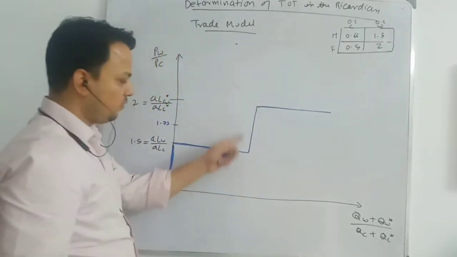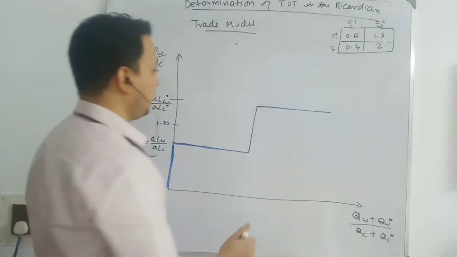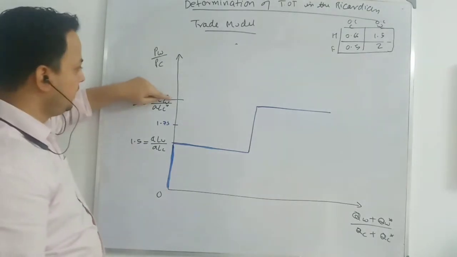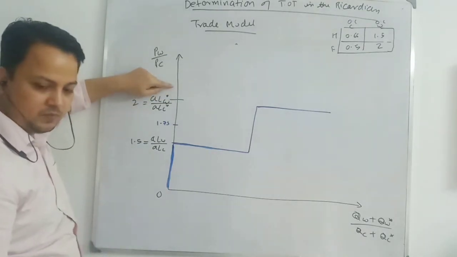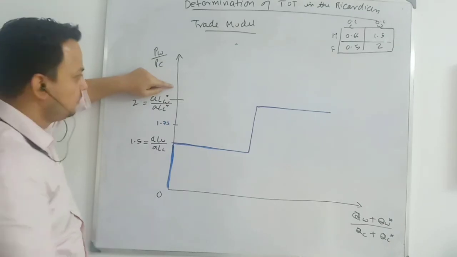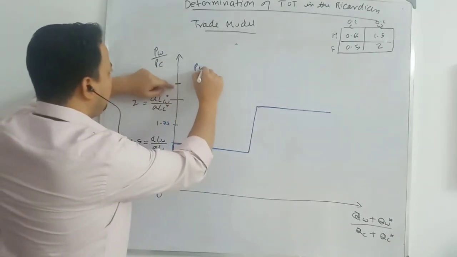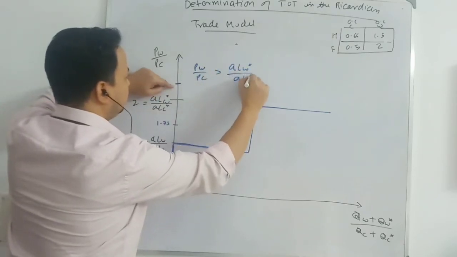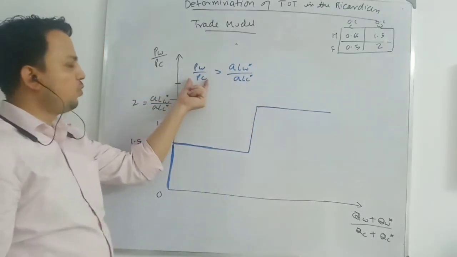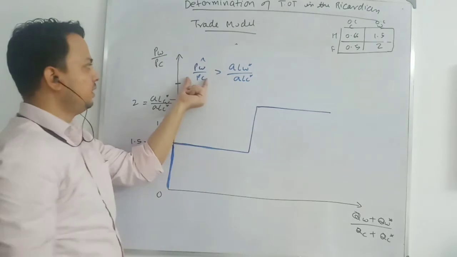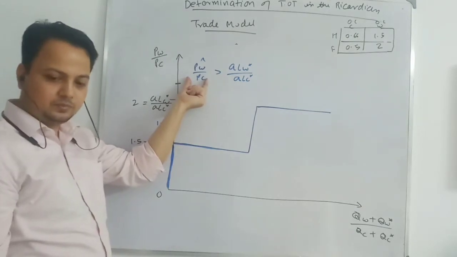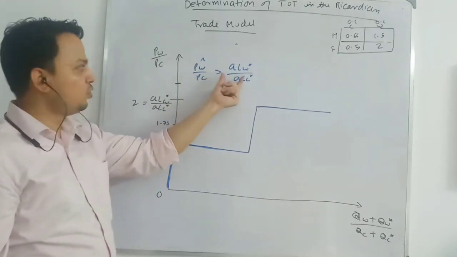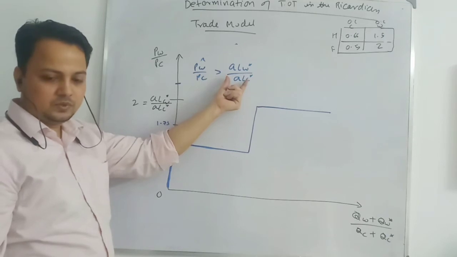I am coming to the specification of what we will be doing here. Now after this, for any terms of trade PW over PC that is greater than aLW star over aLC star, what will happen? Put a hat for the terms of trade. The relative price of wine is greater than the opportunity cost of producing wine in the foreign country. Then what will the foreign country do?